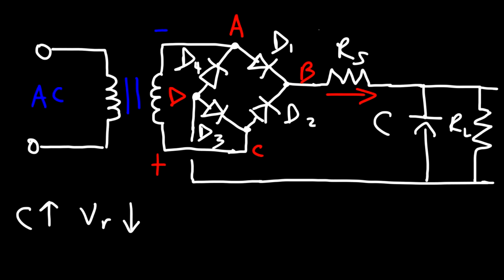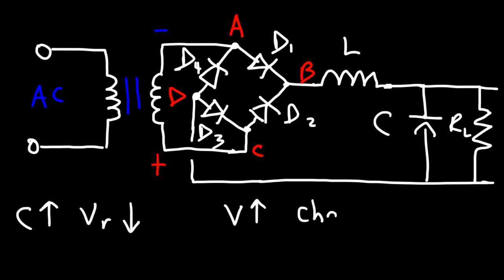Now there's something else that we can do. So instead of using that resistor, we can replace it with an inductor. Now the inductor will help us to have a constant current, just like the capacitor can maintain a constant voltage. When the voltage across the load resistor increases, the capacitor will be in charging mode. And so it's going to absorb energy from the circuit, thus helping the voltage to be constant.